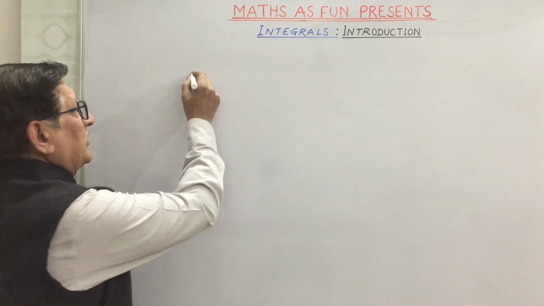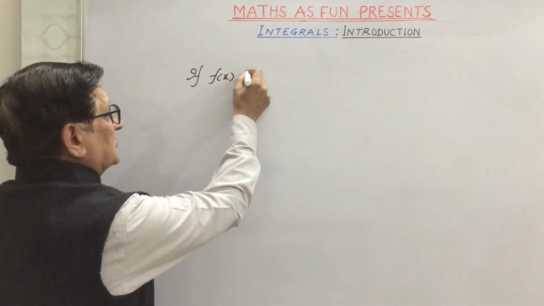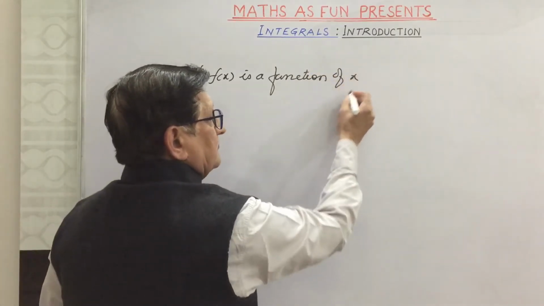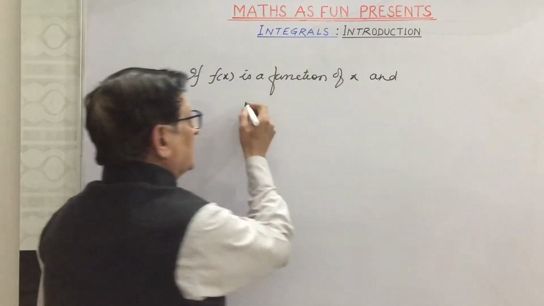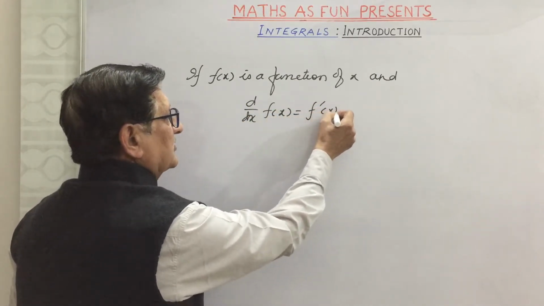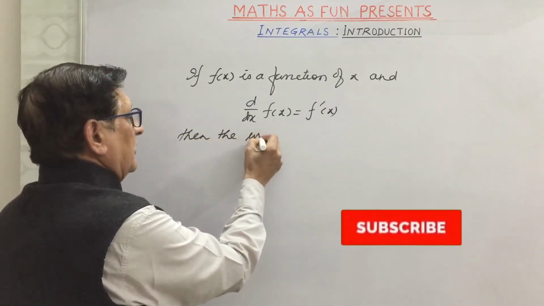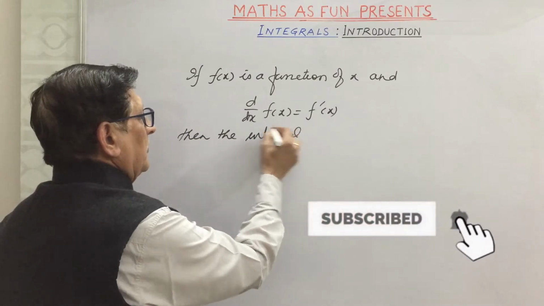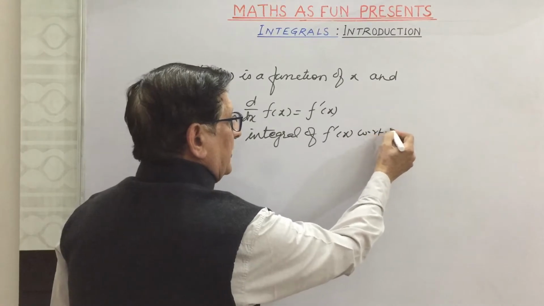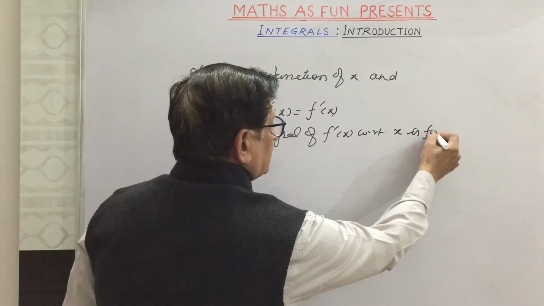See, if we have a function f(x), and we find that d by dx of f(x) is represented by f dash x, then we say the integral of f dash x with respect to x is f(x).